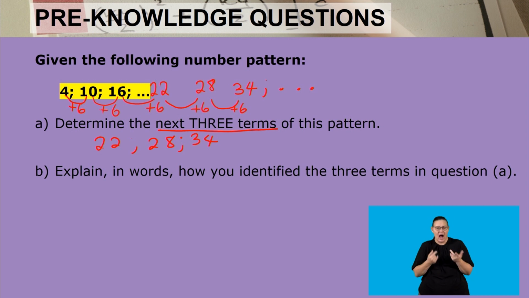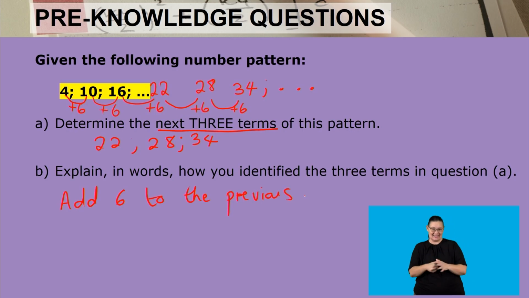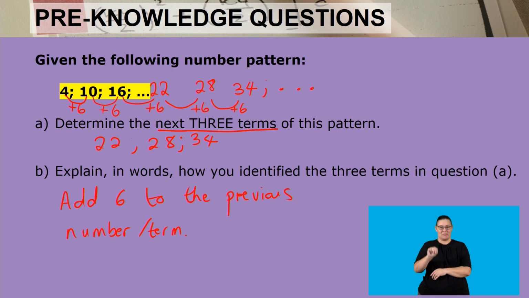How did we find these next 3 terms? Yes, we add 6 to the previous number. Or we can say the previous term, but we are going to learn more about terms in this lesson. But yes, in words, we add 6 to the previous number.